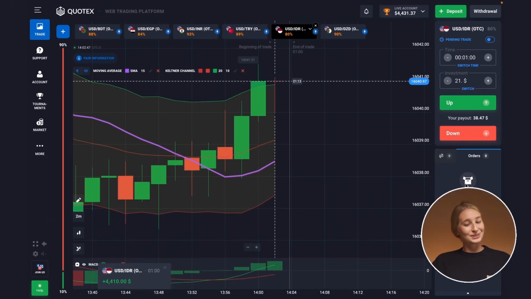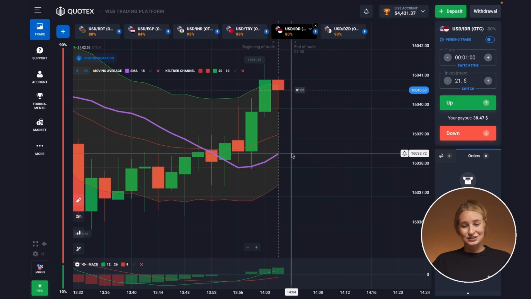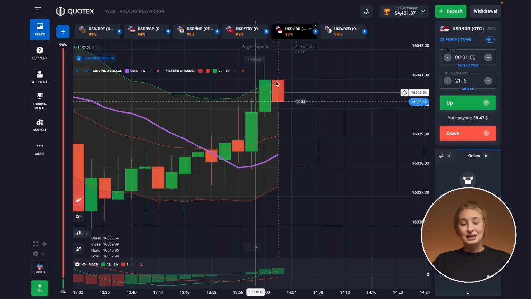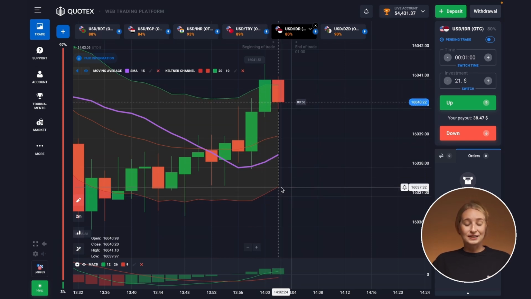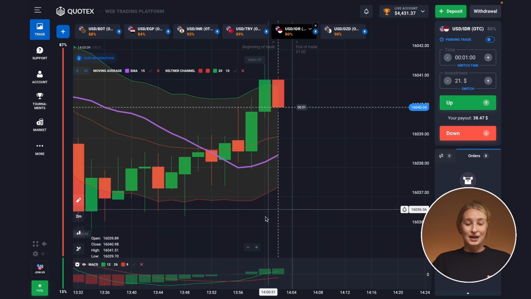Wow, guys, a pretty risky situation, but we're sitting here with $4,000. I'm really happy about it, because I just trusted my combination of indicators. Firstly, the Keltner channel showed me that the corridor is going up and widening, especially the bottom line, as you see.